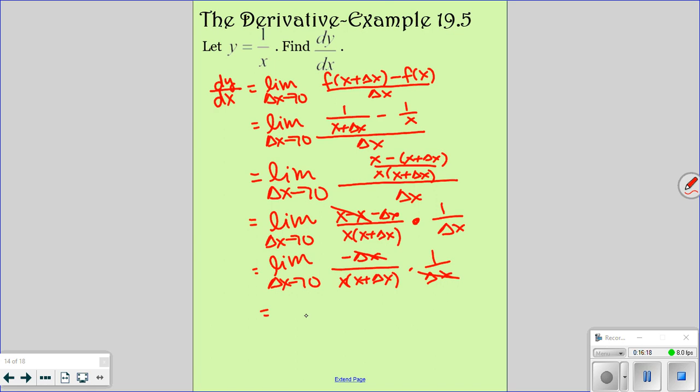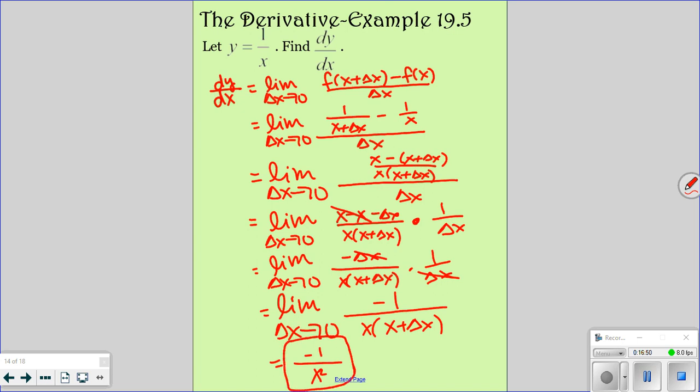So I have the limit as delta x approaches 0 of negative 1 over x times x plus delta x. From there, I can plug in a 0 for my delta x. So this is going to become a 0. And so I'm left with negative 1 over, if this is 0, I just have x times x, which is x squared. And so that would be your derivative of 1 over x.